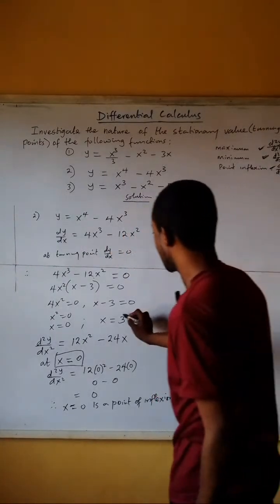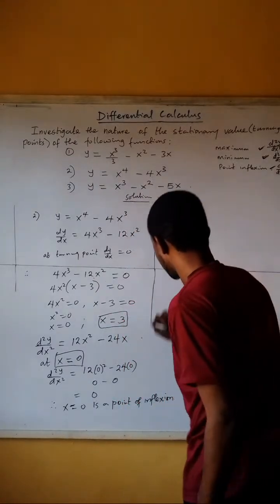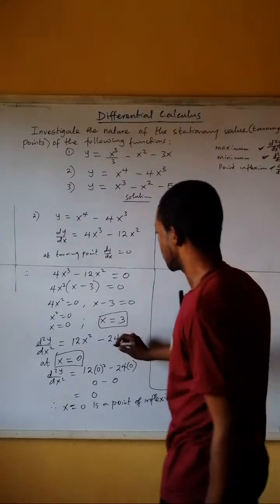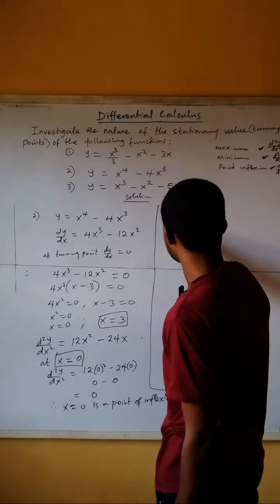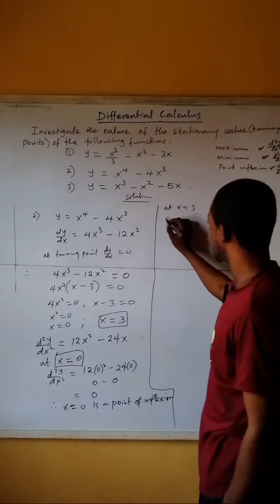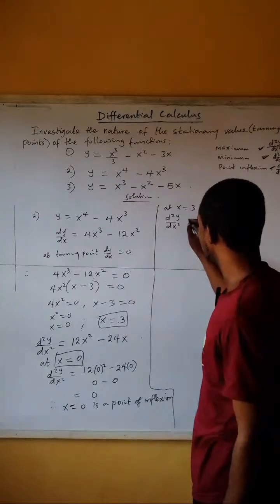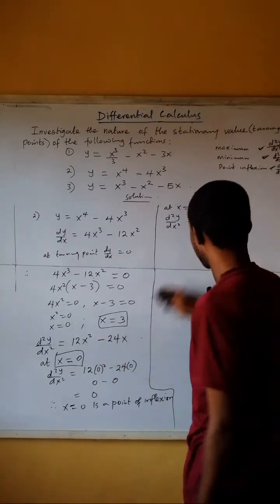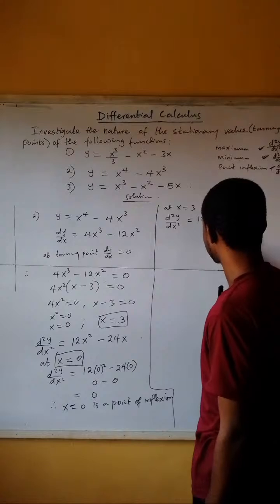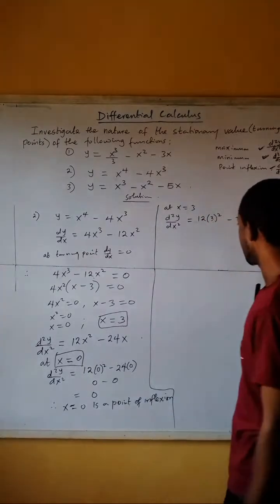Now, for the point x equals 3 here, also we substitute that into the second order derivative. That is, at x equals 3, the second order derivative d²y/dx² will become, so we substitute 3 here, and we have 12 into bracket 3 squared, then minus 24 times 3.